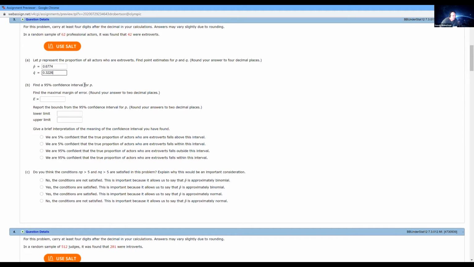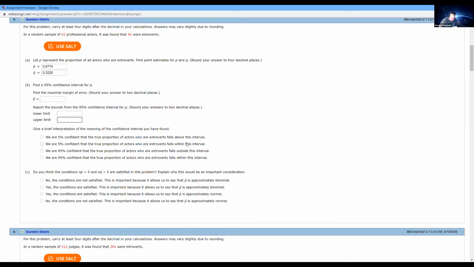Find a 95% confidence interval for p. And then margin of error is going to go here, lower limit's going to go here, upper limit's going to go here. Although you can't see what I'm doing, can you just trust me? I'm going to be doing it in the calculator. Okay, so I'm hitting start, I'm going over to tests, I'm going down to the proportion interval option, and I'm typing in 42 out of 62, and I'm doing a 95%.